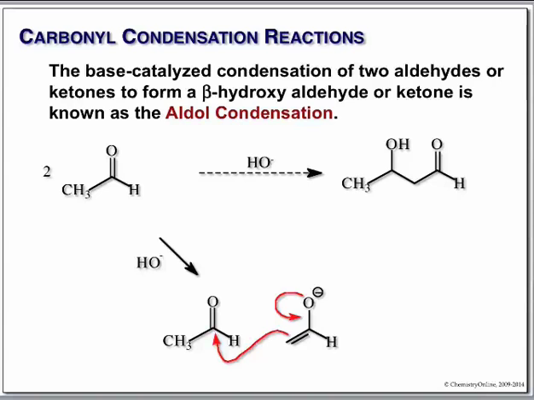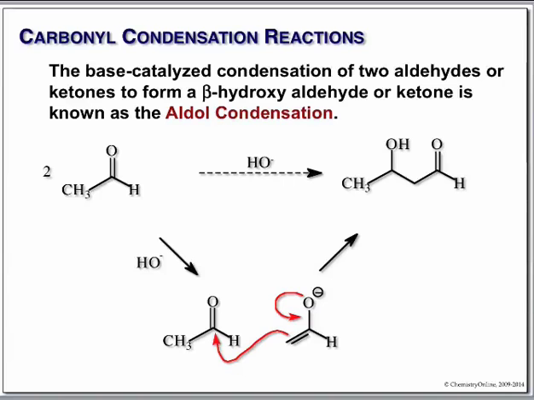And when we do that, this becomes the OH group, and we get the beta hydroxy aldehyde. The bond that we made here is between our carbonyl carbon, so it's this one, we have a 2 carbon aldehyde and a 2 carbon aldehyde.